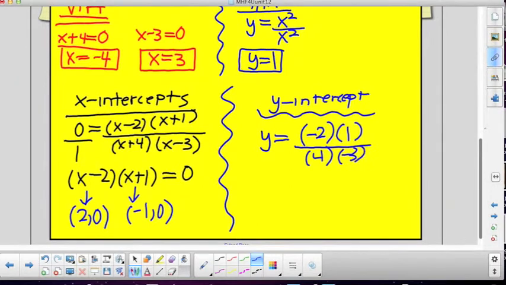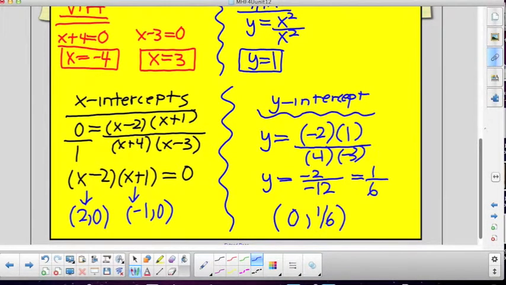So that leaves me with y is equal to negative 2 over negative 12, which is the same as positive 1 over 6. So my y-intercept would be when x is equal to 0, y is equal to 1 over 6. So those 4 pieces of information are essential to get all your marks for a question.